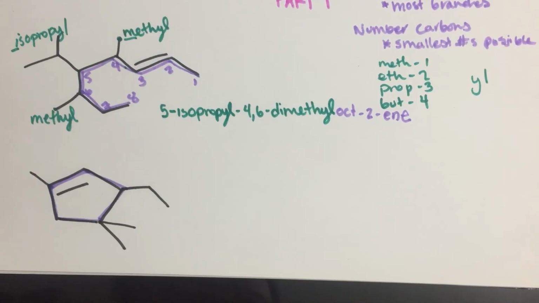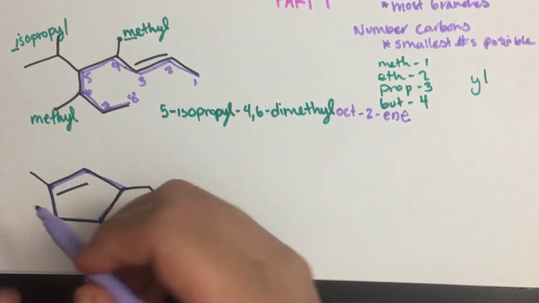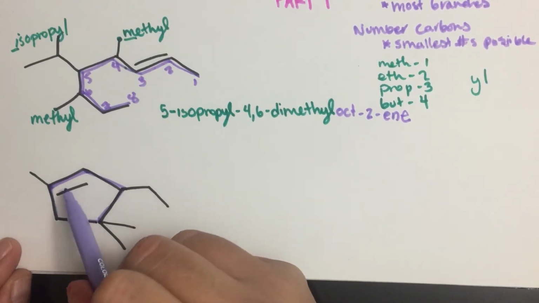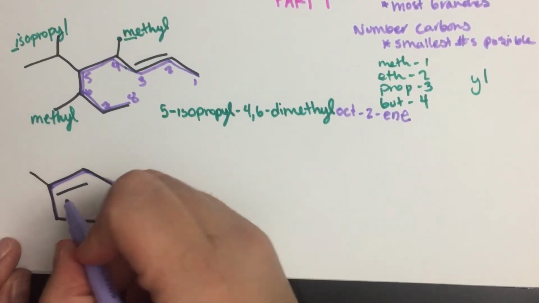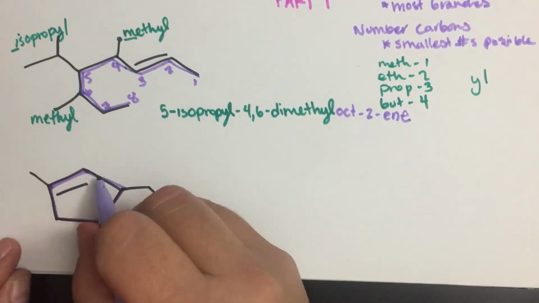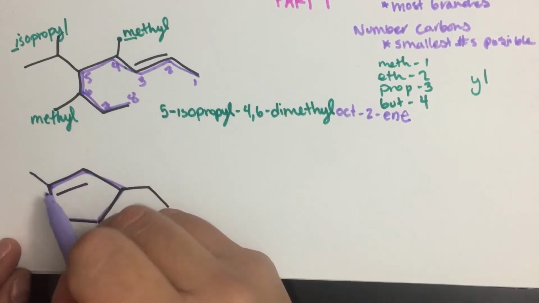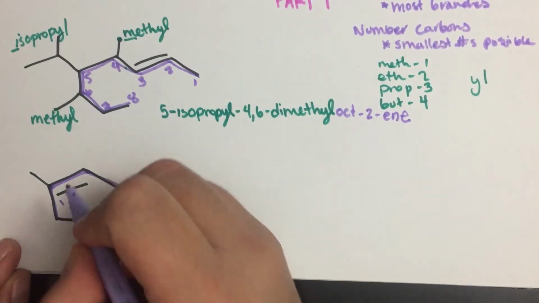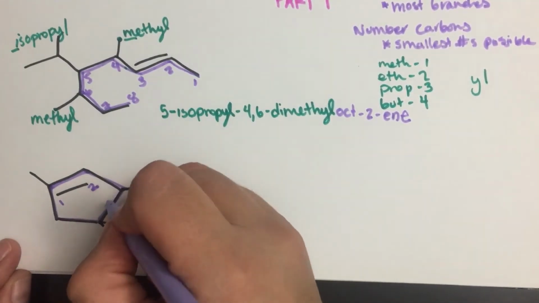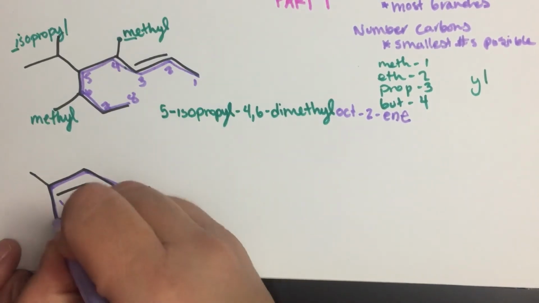So then we're going to choose the numbering. For numbering, you will pick the most important functional group, which in this case is this double bond. Okay, and we're going to start numbering there. Now, which side starts? Since in this one we have a methyl group, that's going to be number 1. Okay, we need to have number 2 on the other side of the bond, and then continue in that direction.